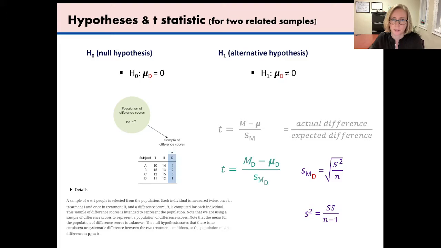We can plug the variance into our standard error formula. So standard error for the sample mean difference. So again, same formula, doesn't change. Variance over how large your sample is, take the square root. And again, just be careful with your notation. Then you can plug this guy in here and ta-da!